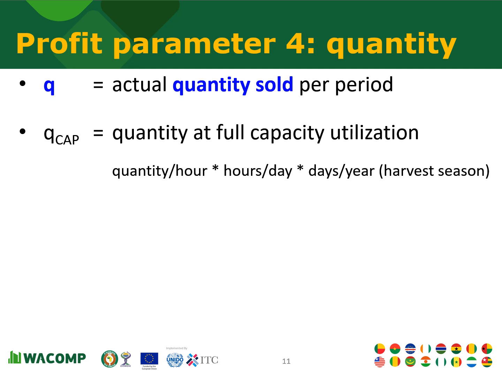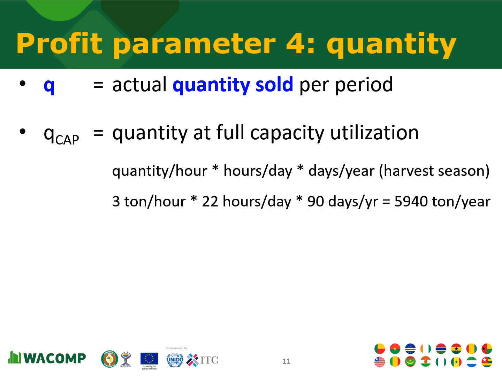It is calculated as follows. The quantity your machines can produce per hour, multiplied by the number of hours per day that you and your machines can work, multiplied by the number of days per year that you can process, taking into account the harvest season.